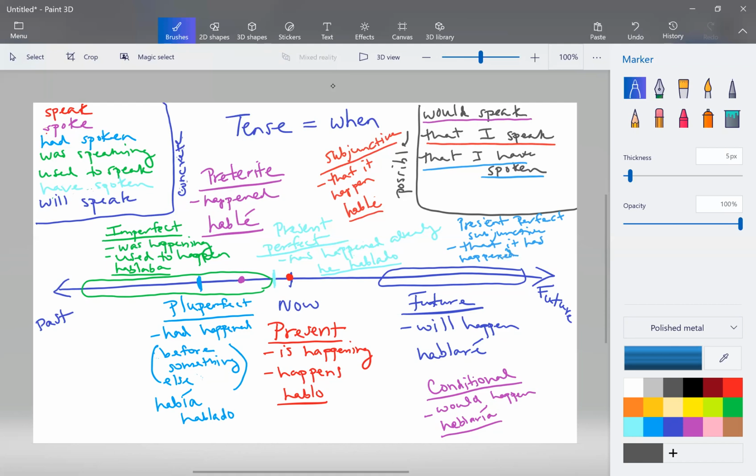Okay, that it has happened. And that looks like haya hablado. It is good that this has happened. It is bad that this has happened. It is important that this has happened. We're pretty confident that the thing actually did happen, but the reason that it's in the subjunctive is because we're giving an opinion about it. Okay?